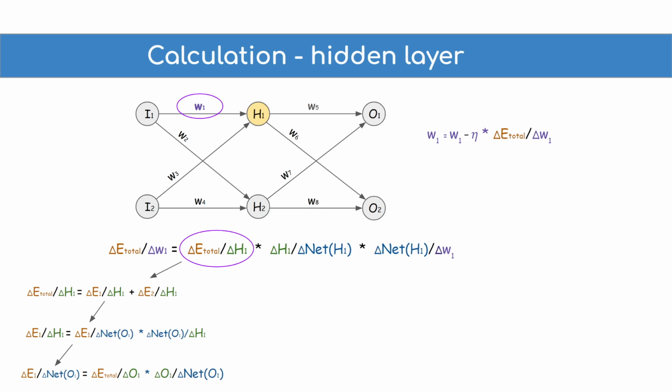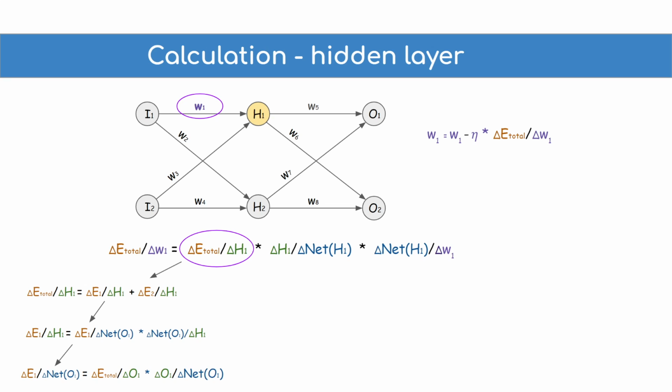So we are using, again, the chaining rule, and we know that total error with respect to change of output value that we calculated in a previous layer, times change of output value of the neuron from the previous layer with respect to change of net value of this layer, will give us the first component.